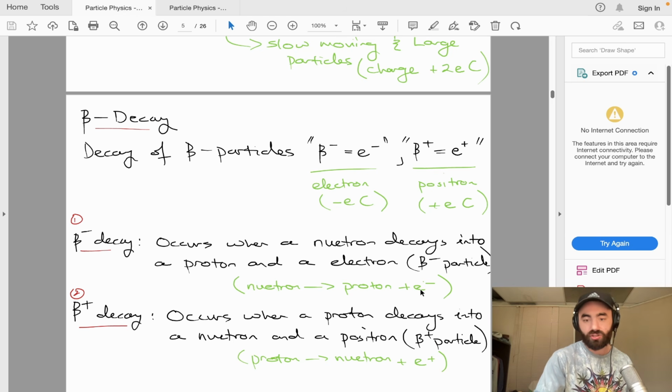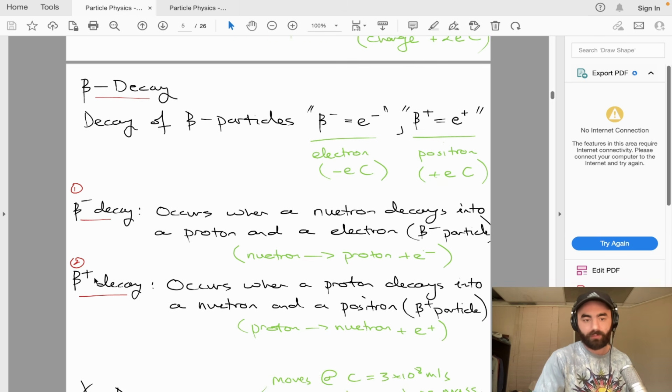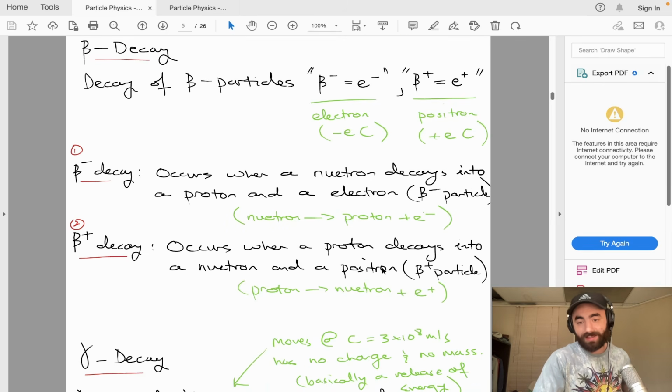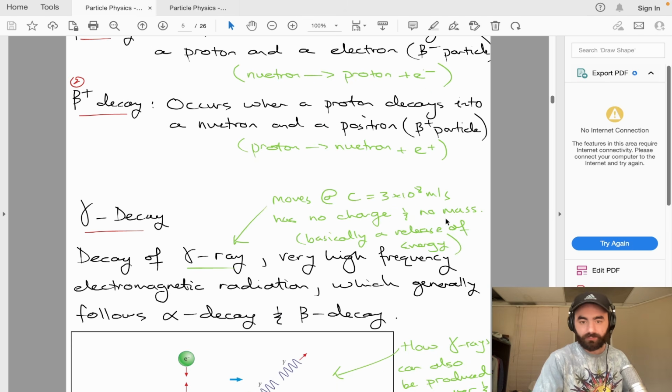So it balances out the charge. Charge is always conserved. And with beta plus decay, it's the same thing, but a proton is going to a neutron plus a positron. And it's the same thing. We have a +e charge on the right side and a +e charge for the proton on the left side. And in fact, we also get this thing called a neutrino, which pops out, which I'll talk about in a minute.